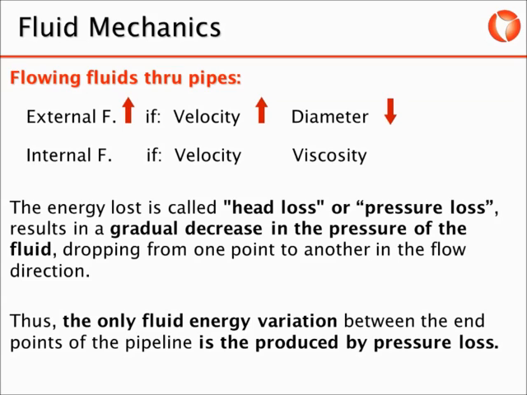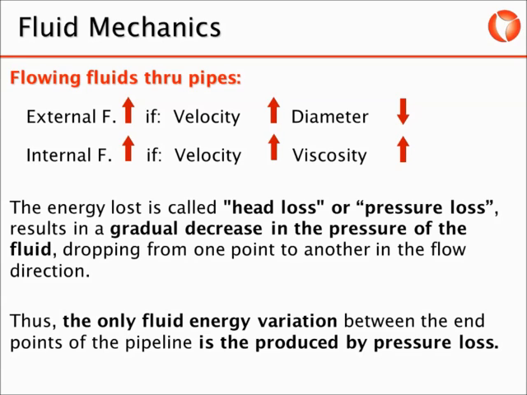External resistance will be greater the higher the fluid velocity and pipe wall roughness, and the smaller the pipe diameter. On the other hand, internal resistance will be greater the higher the fluid velocity and fluid viscosity.